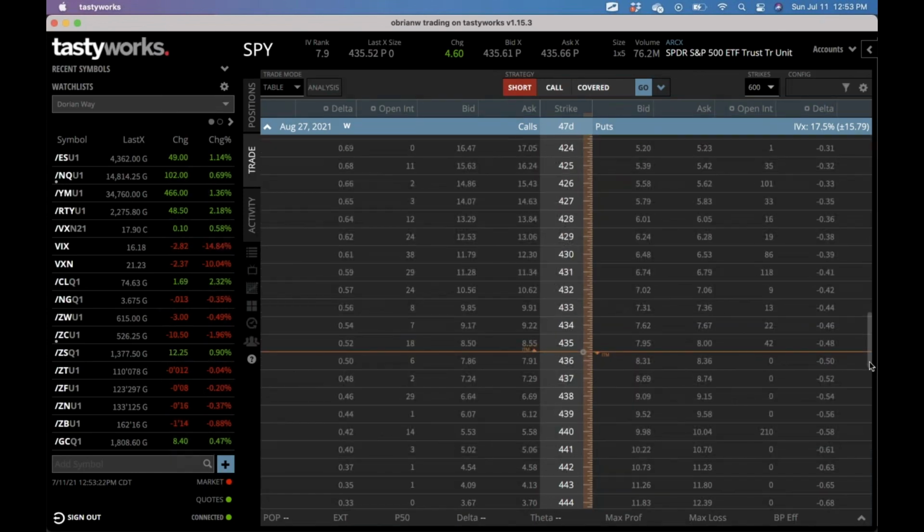So that's the important part to understand about directional move. There's also something called beta weighted delta, and that measures a basket of something and makes it equivalent to one thing. For example, say you had 5 different stocks on: a consumer staple, a tech company, a bank, all different stocks, and you had 100 shares in each one.